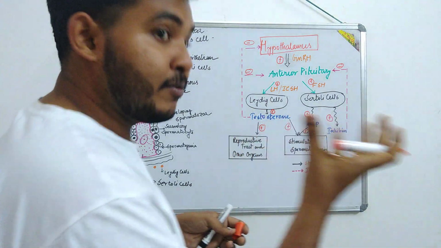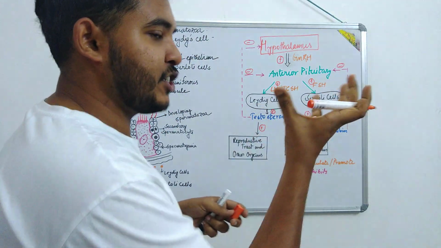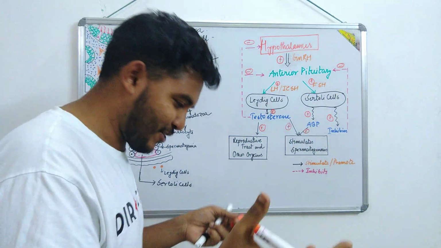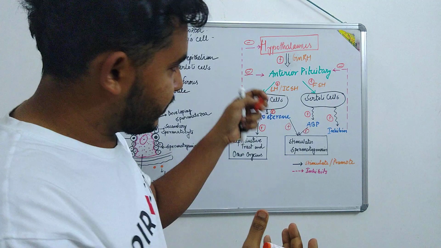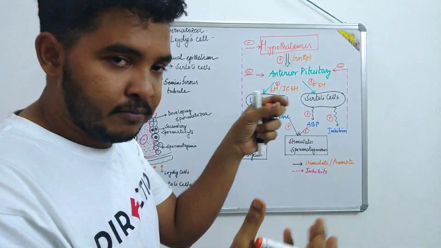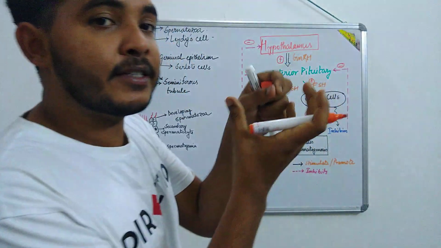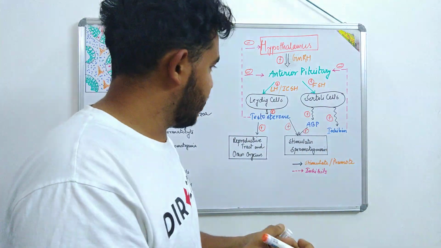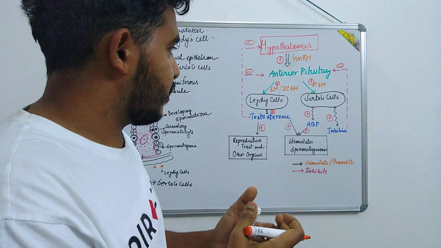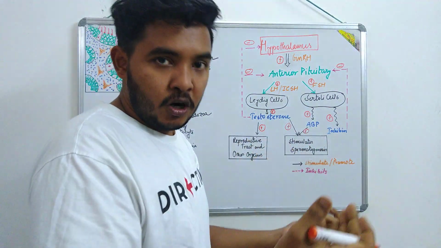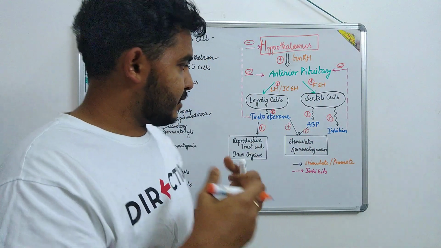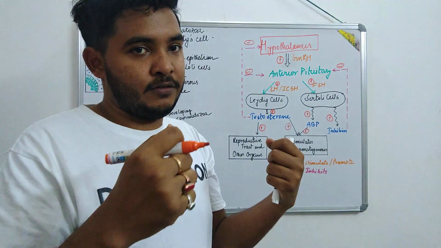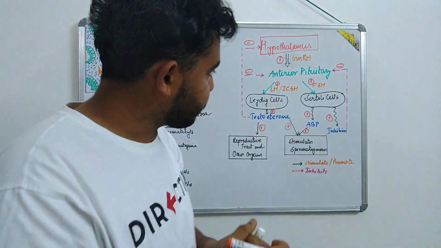The Leydig cells have some receptors, some catching models. When the LH comes, it gets to that receptor and activates it. So when the Leydig cells get that stimulus from the anterior pituitary, they start secreting testosterone. Which hormone? Testosterone.